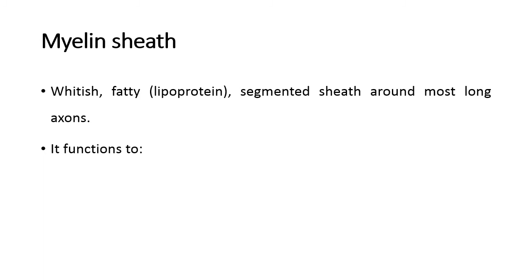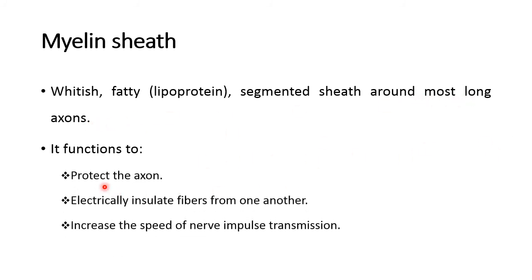The myelin sheath is a whitish fatty lipoprotein segmented sheath around most long axons, and it functions to protect the axon, to electrically insulate the fibers from one another, and to increase the speed of nerve impulse transmission.